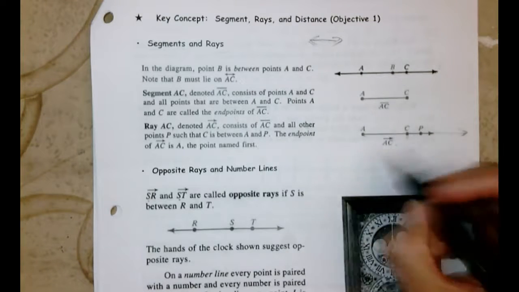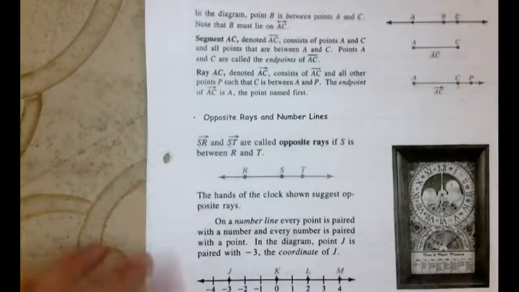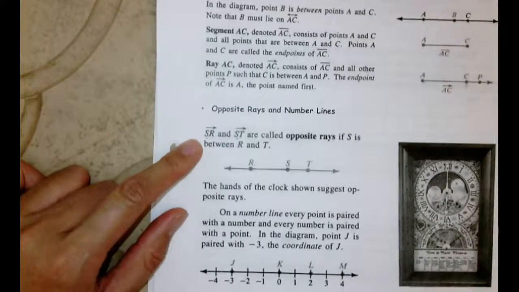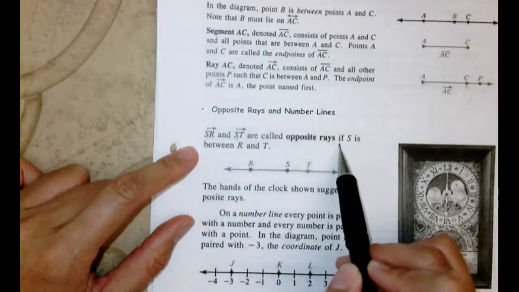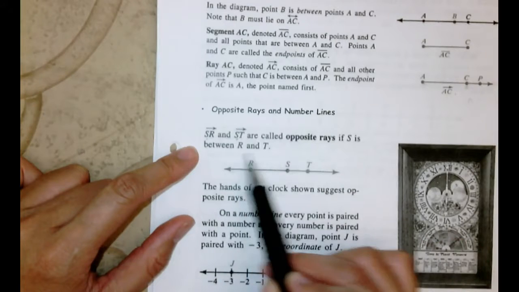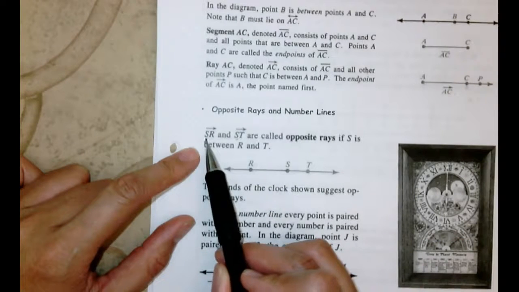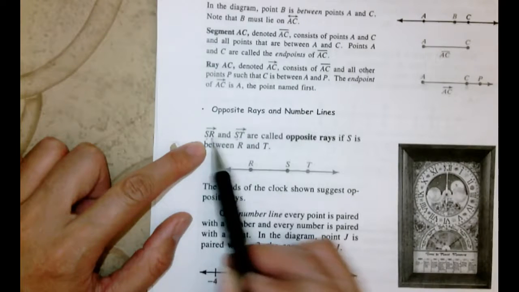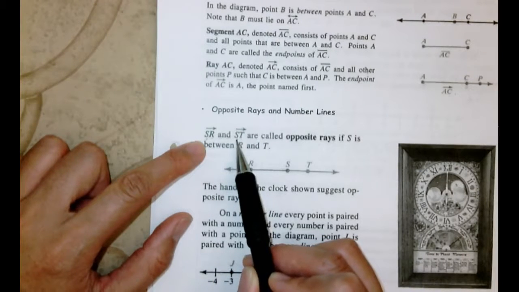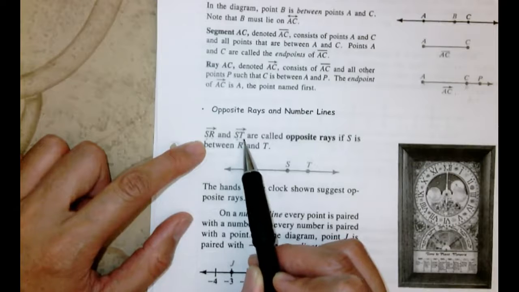Here are the opposite rays. Ray SR and ray ST are called opposite rays if S is between R and T. So this ray starts at S and includes all the points in the R direction, and this ray starts at S and includes all the points in the T direction.